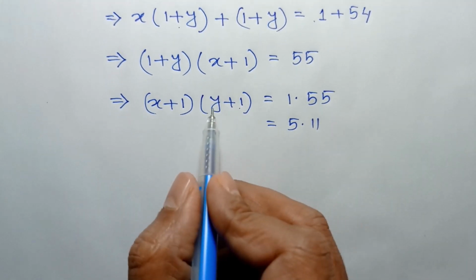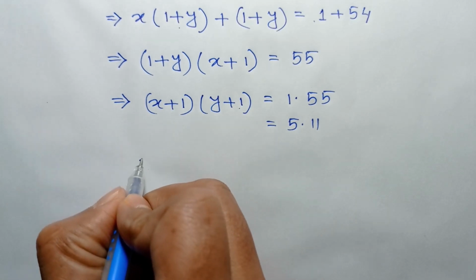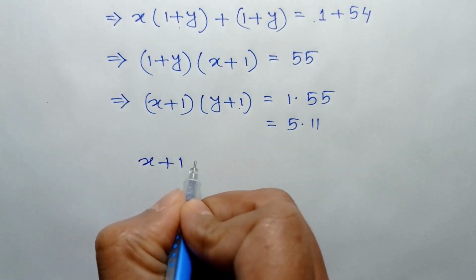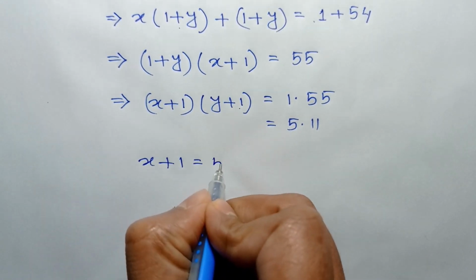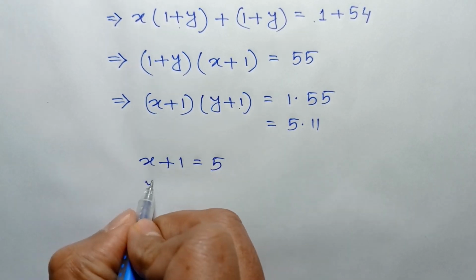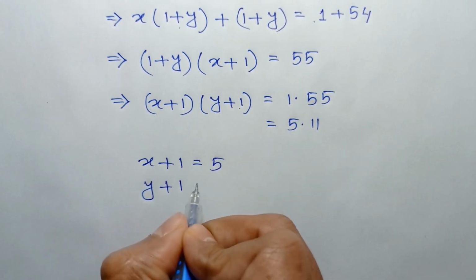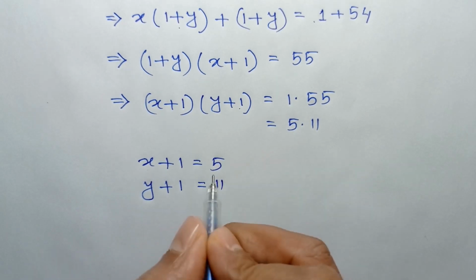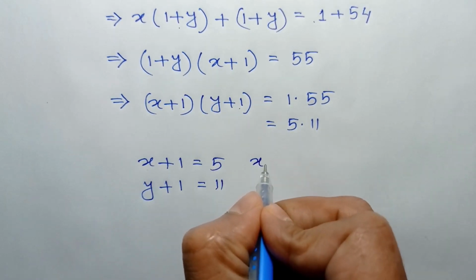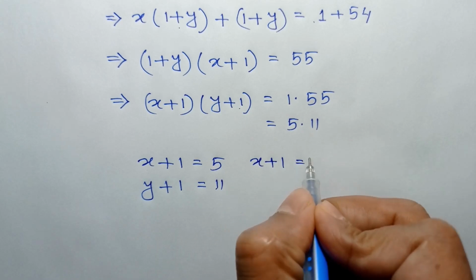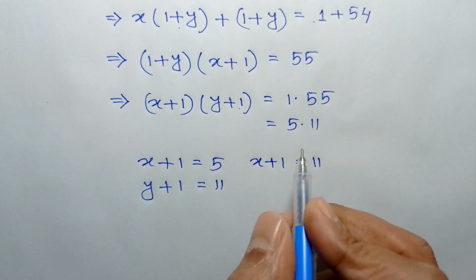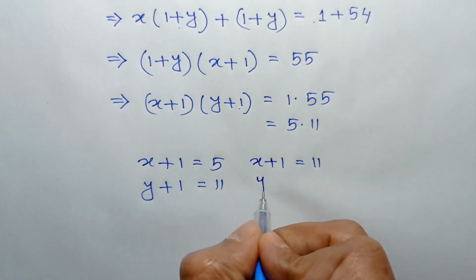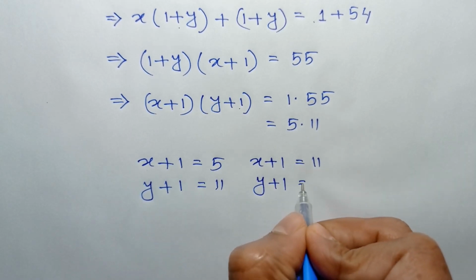Now comparing these two, if x plus 1 is equal to 5, then y plus 1 is 11, or if x plus 1 is equal to 11, then y plus 1 is 5.